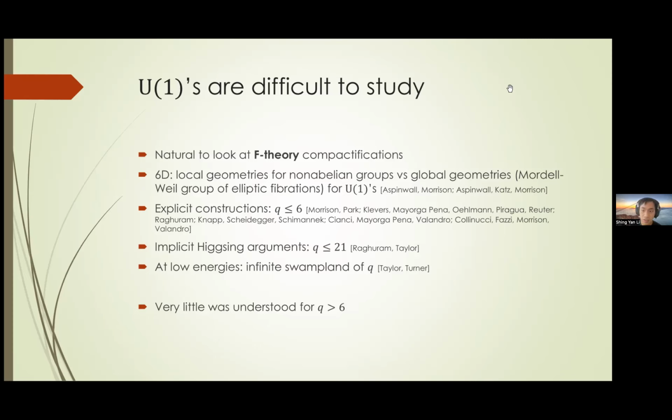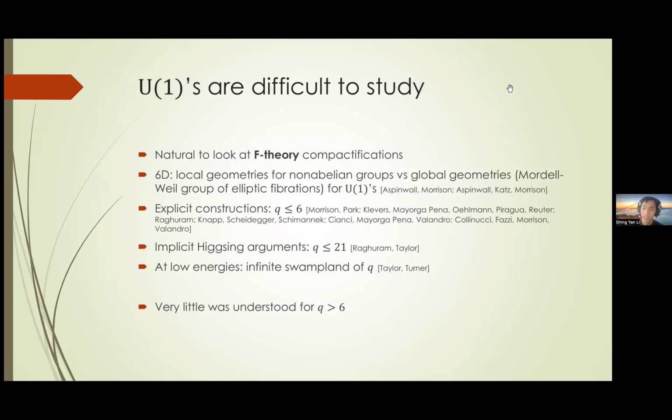In 6D, U1s are very hard to construct. If I want to construct a nonabelian group in an F-theory model, I need to specify the local geometries, or in the usual string theory language, the brane stacks supporting the nonabelian group factors. But for the U1, it's a completely different story. We need to look at the whole global geometry of the internal manifold; to be precise, it's called the Mordell-Weil group of rational sections of the elliptic fibration.